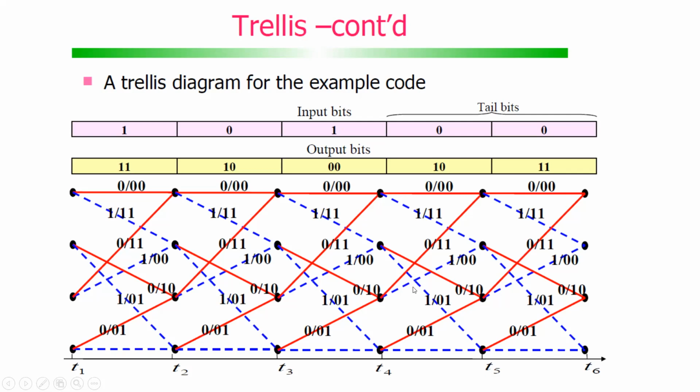And the trellis structure is also known to the receiver, because the receiver knows what structure of the encoder is present at the transmitter. Transmitter can be in Patiala, receiver can be in US. Both know the structure of the encoder, so this is the full trellis, known to both the transmitter and the receiver.